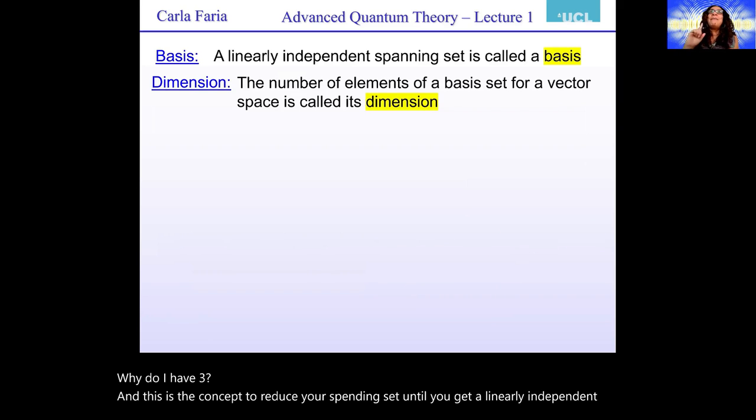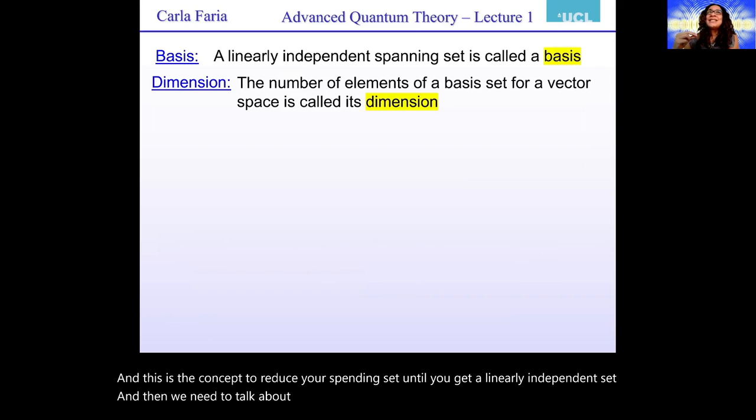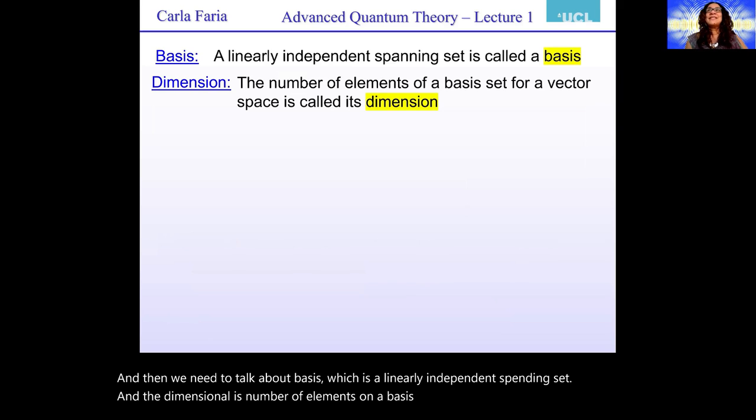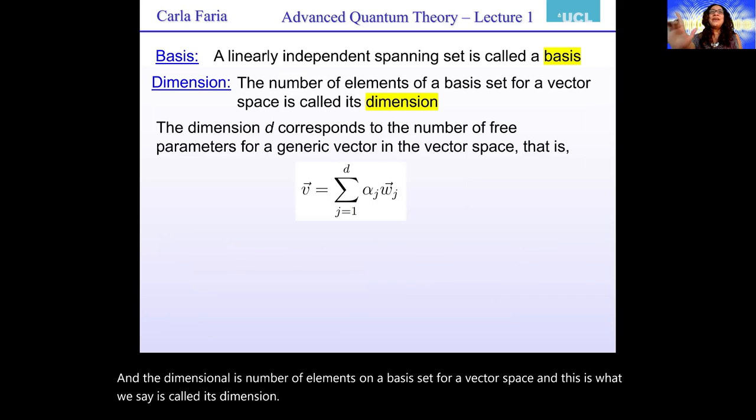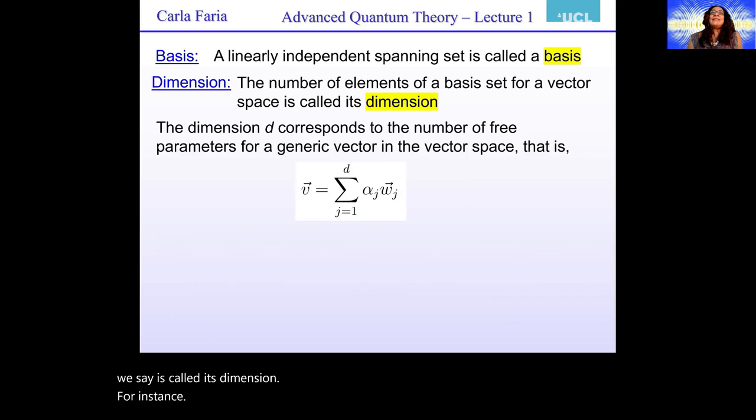And then we need to talk about basis, which is a linearly independent spanning set. And the dimension is the number of elements in a basis set for a vector space. This is what is called its dimension. For instance, the dimension D corresponds to the number of free parameters for a generic vector.